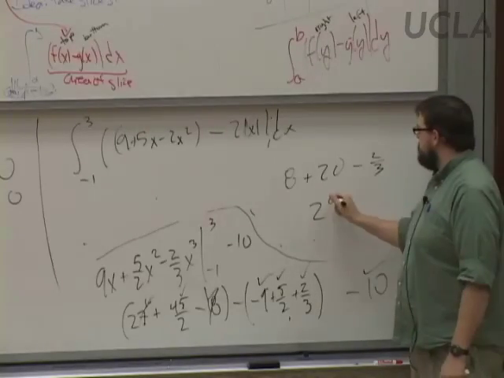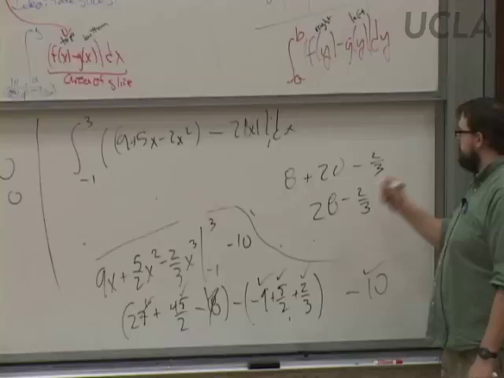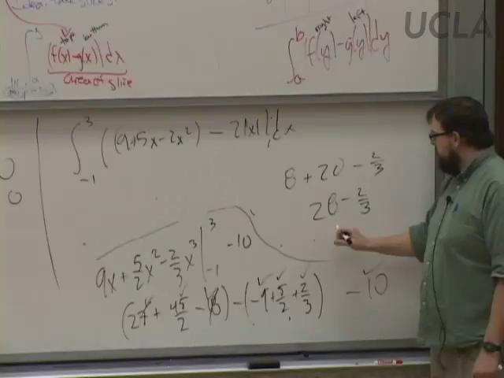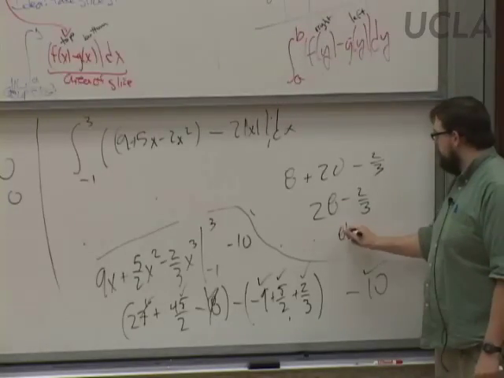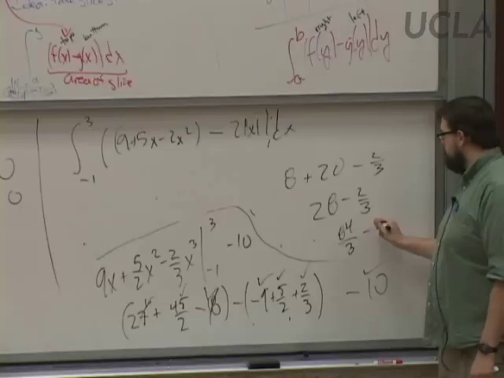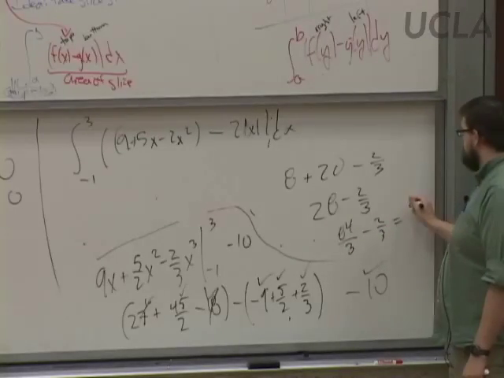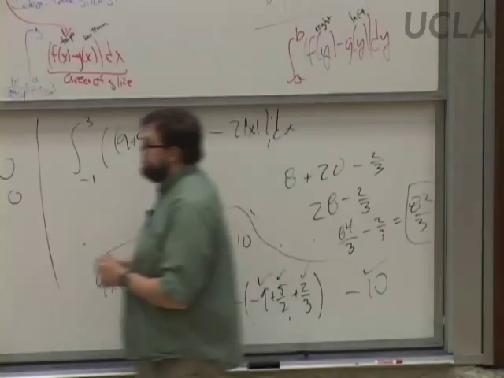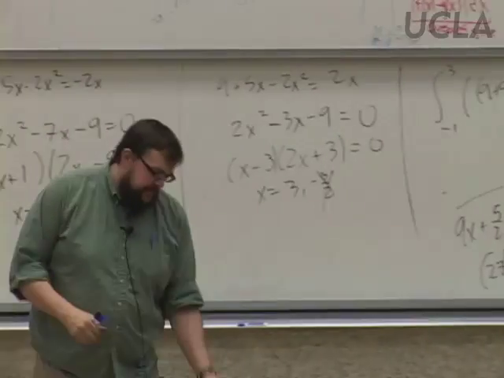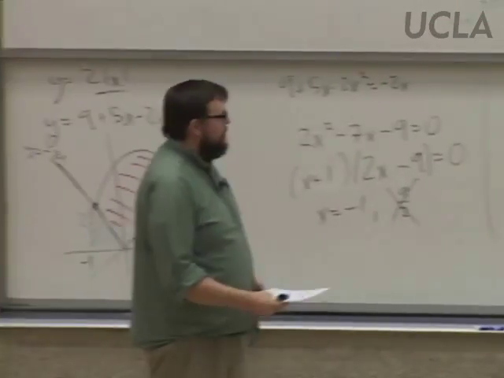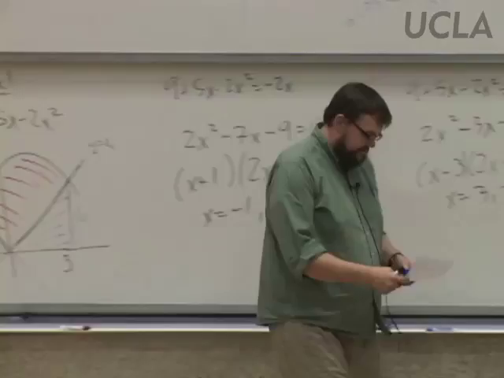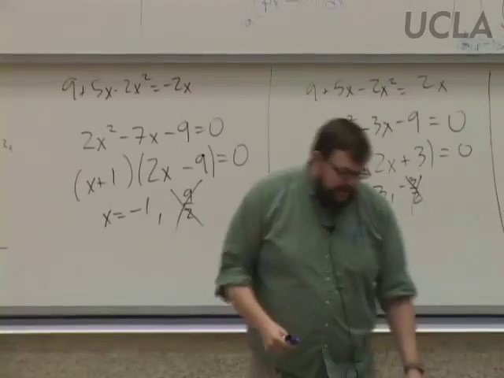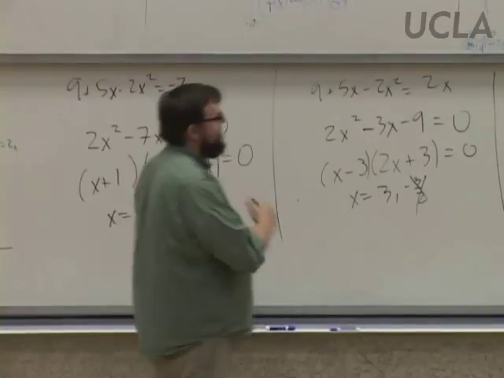You get 28 minus 2/3, but you can also put this into a fraction. 28 is the same as 84/3, minus 2/3, so you get 82/3. Hopefully, unless I made some mistake. This is when you leave your time on the final so you can double check your arithmetic. But I know I'd get a lot of partial credit for this.